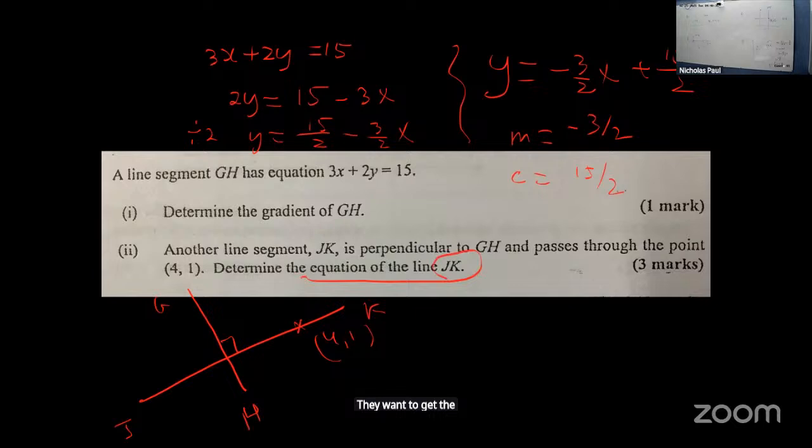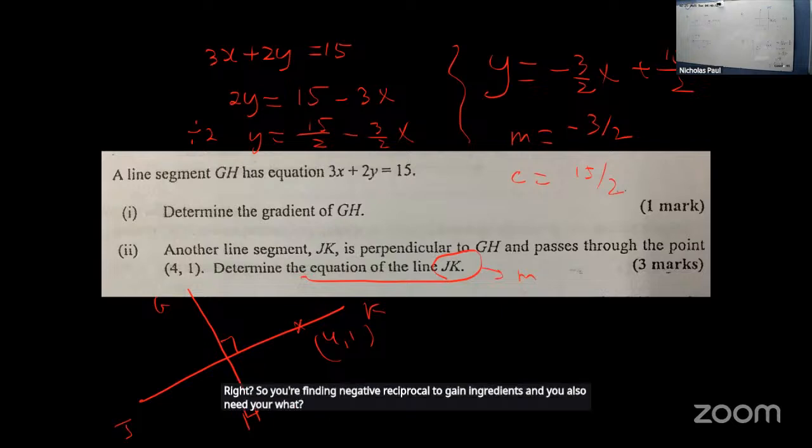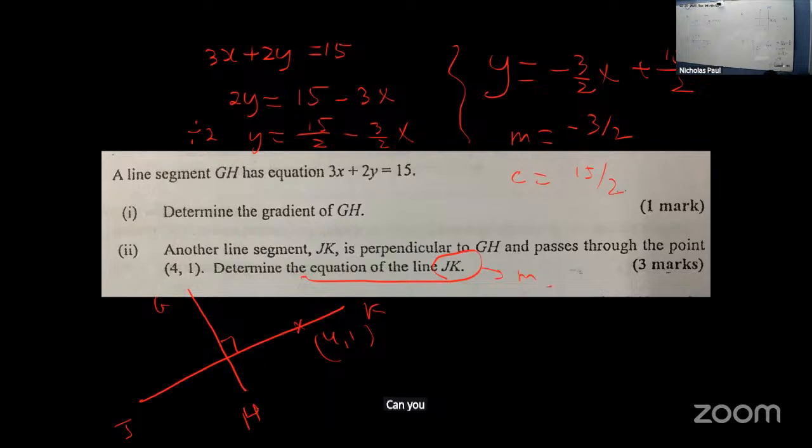So, Chris, what do you need to find gradient? Right? So you find the negative reciprocal to get the gradient, and you also need your what? Y-intercept. Can you tell me what the gradient is, Nathan? What's the gradient of JK?